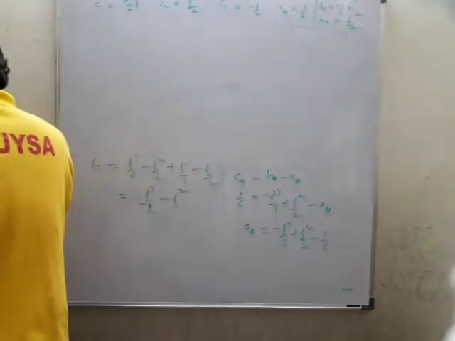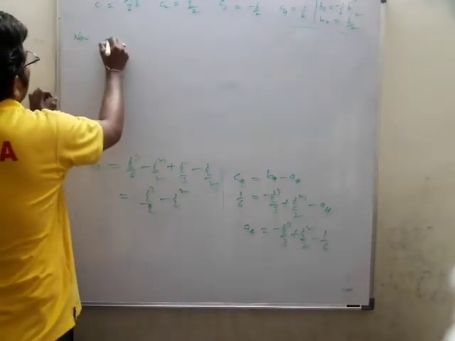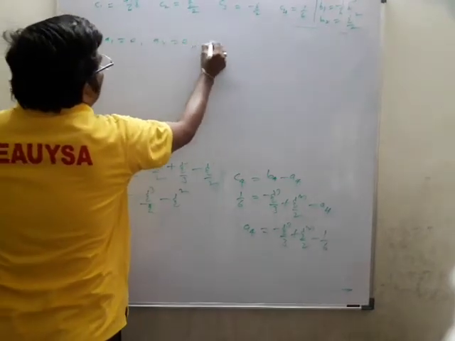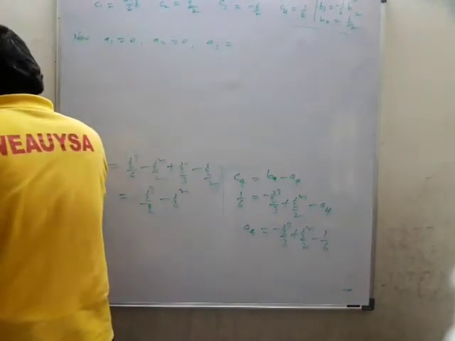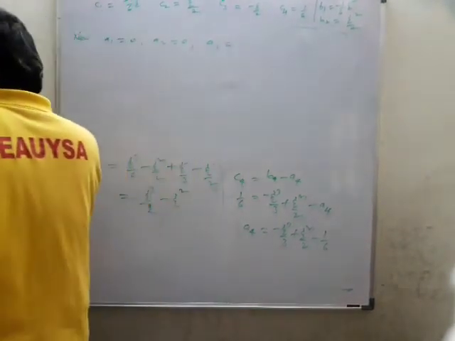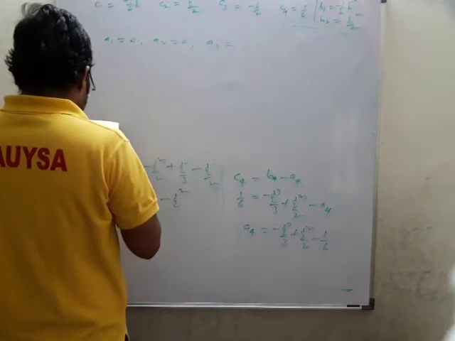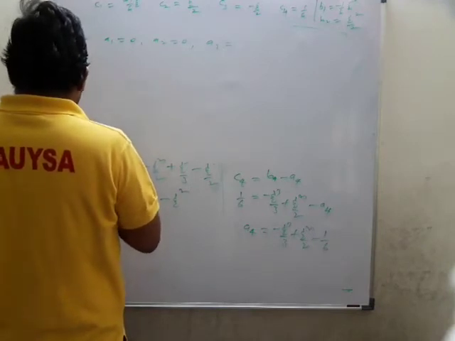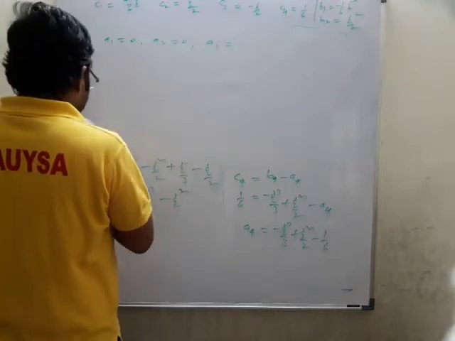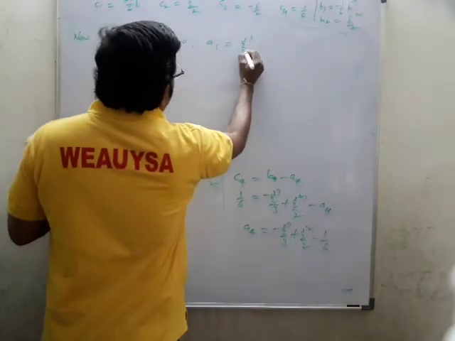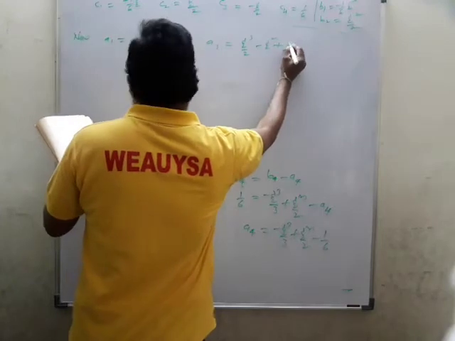Now what I got, all the values I'll just write and we'll substitute in that. So now A1 is 0, A2 is 0, A3 is what I got: xi cube by 2 minus xi square plus xi by 2.